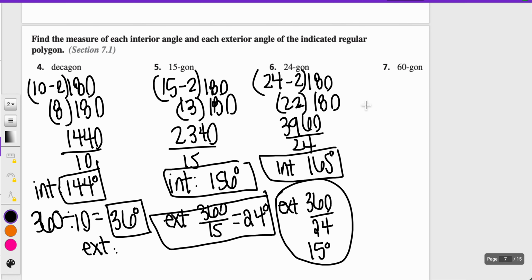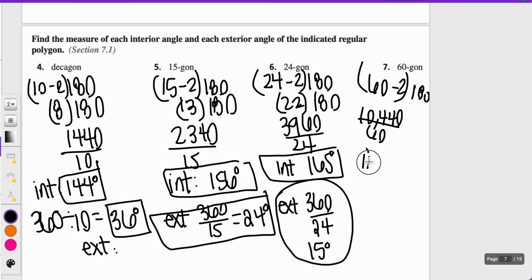Okay, 60-gon, last one here. 60 minus 2 times 180 is going to give me a big old number, 10,440. Divide that by 60 for my interior measurements. I'm going to get 180. Let's just double check that math real quick.